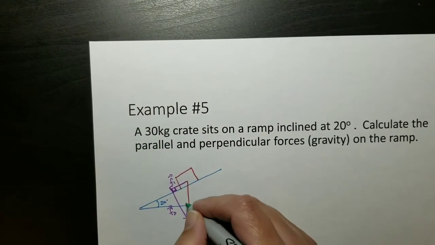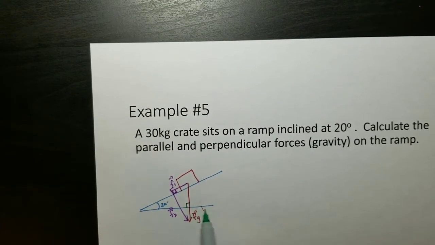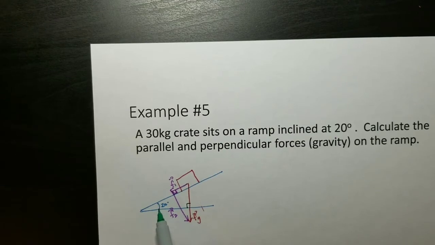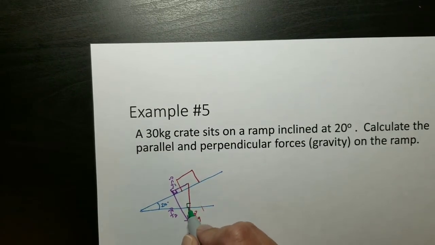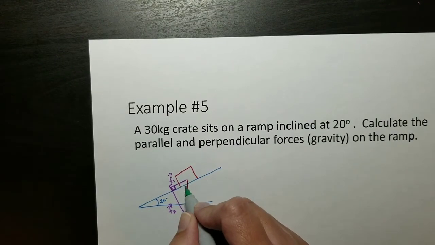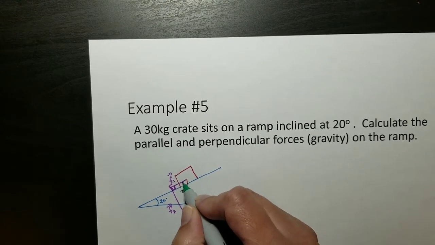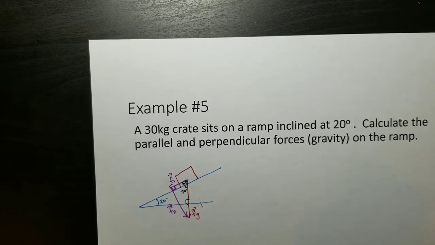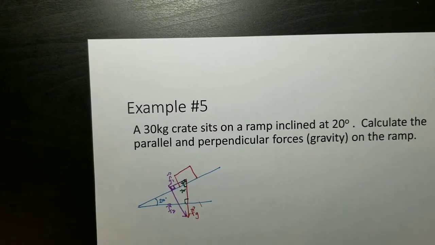We know that gravity is acting perpendicular to the flat ground, and that the ramp is at an angle going up there of 20. So hopefully, looking at this, this would be parallel here, this angle in here will be 70, and this is going to be the same up there. So that's 70 degrees up there. You can see that these are parallel lines cut by a transversal, so I guess that's like an F pattern.